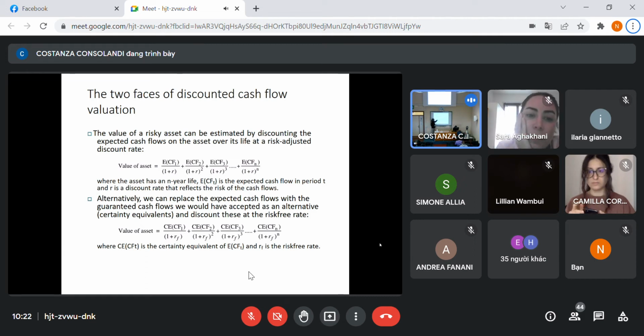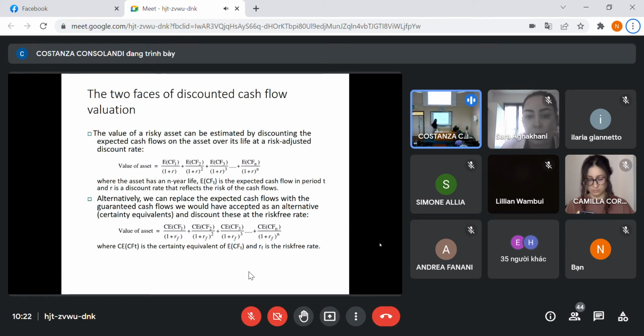Third is the discount rate. So which is the discount rate? Which is the appropriate discount rate which reflects the riskiness of the cash flows? We will see that in firm valuation, the appropriate discount rate for the company will be the WACC, the weighted average cost of capital. We will work on the WACC and its ingredients.